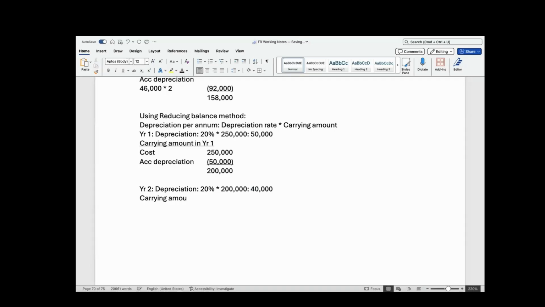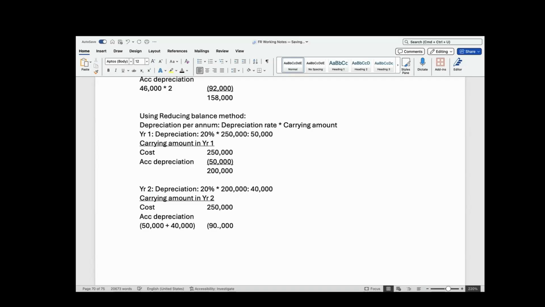My carrying amount in year two is my cost, which is 250,000, minus accumulated depreciation, which is 50,000 in year one plus 40,000 in year two.